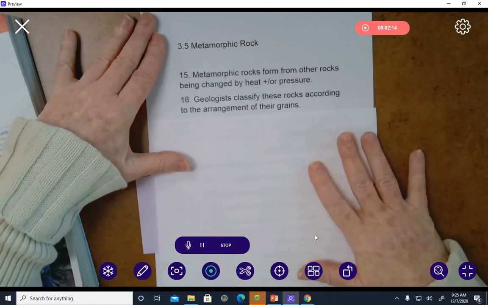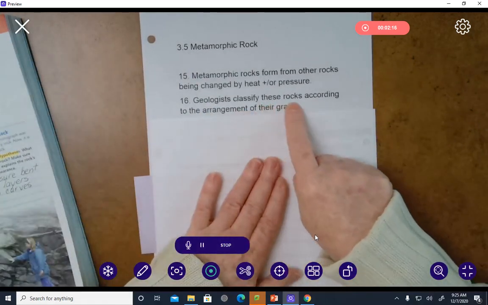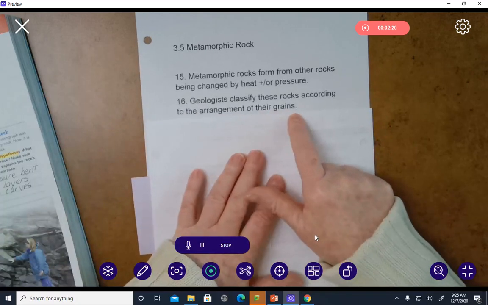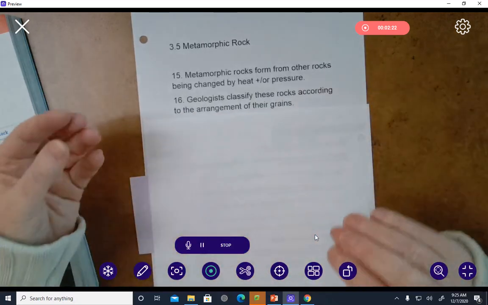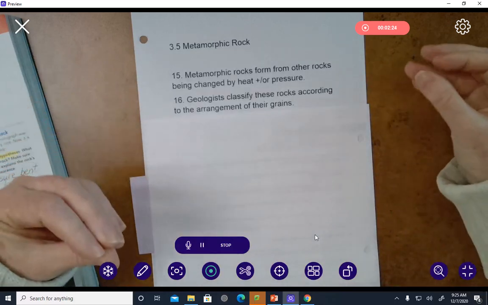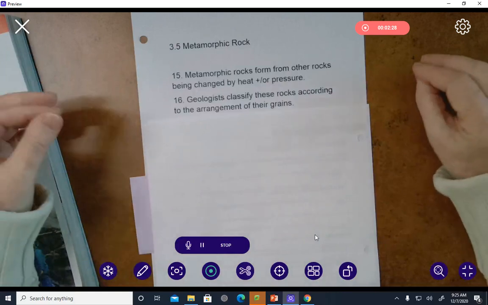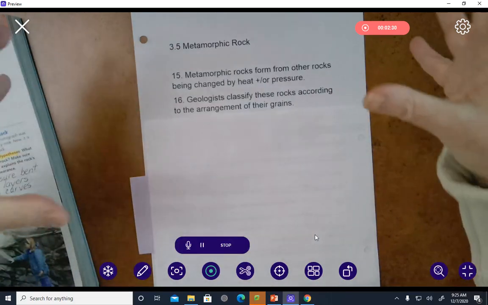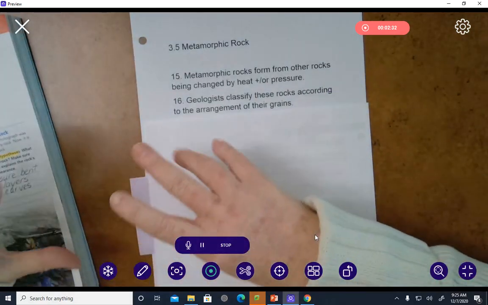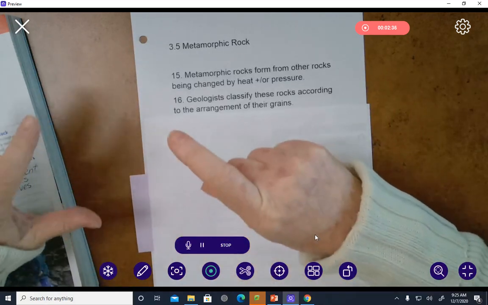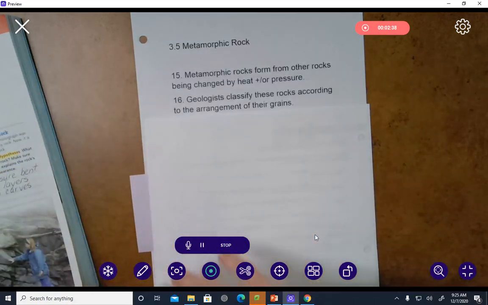Number 16, geologists classify these rocks according to the arrangement of their grains. Okay, let's pause here. Try to remember when you go back to section 3.2, one of your notes said that when we were classifying rocks, the first one was grain size, and we learned the terms fine and coarse.